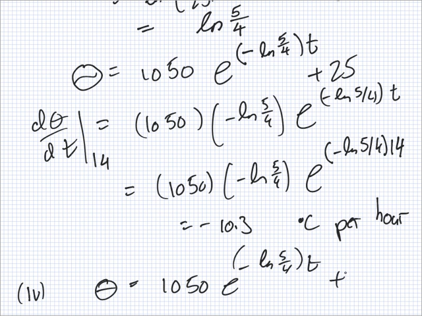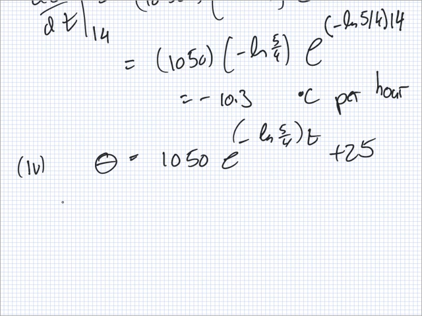Can anybody actually see that? Why is it impossible for the temperature to become 20? It's not very clear, but I wonder if anyone can see. The question's basically saying, why can I say that theta can never be 20? Can anybody see why?